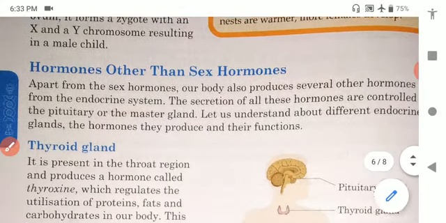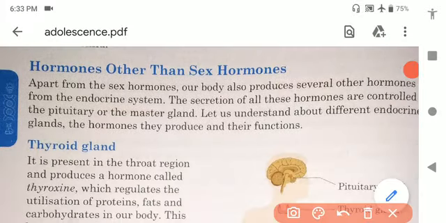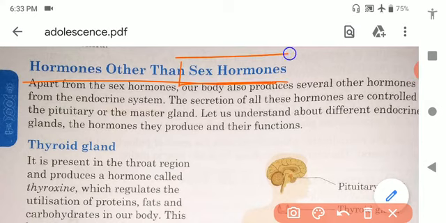There are so many questions that arise. Now, hormones other than sex hormones. Earlier you have already studied about the sex hormones, that is testosterone, estrogen and progesterone. In male, the sex hormone is testosterone, and in female it is estrogen and progesterone. I have already explained the functions of those hormones.